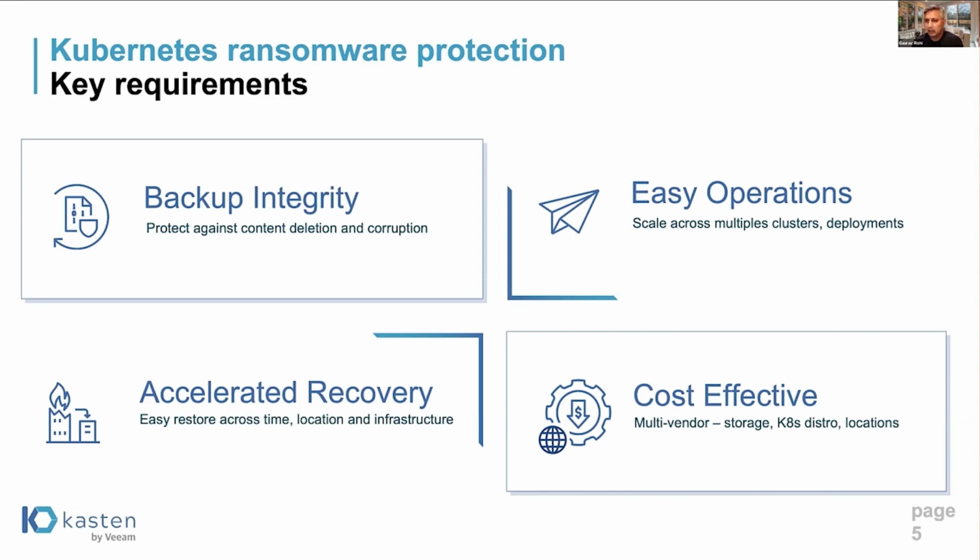Typically, when you have a ransomware attack, your operations team needs to be able to work at scale across multiple clusters in all of these hybrid environments that span cloud and multiple on-premises locations, in a varied infrastructure from vendors providing you storage and Kubernetes distributions and data services. So these are complex cloud-native applications, but your operations need to be extremely simple when the time comes for you to back up, as well as easily recover in case you're under attack or you've been held to ransom.